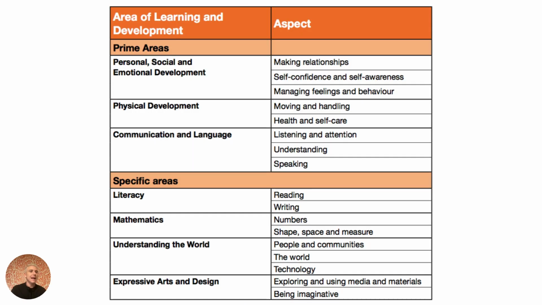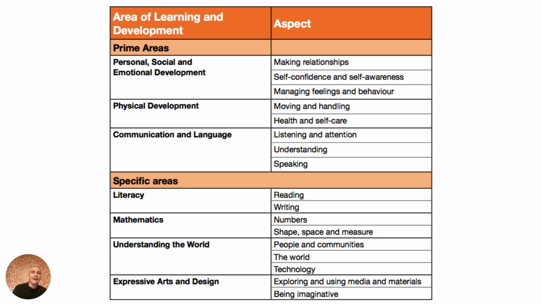Okay? Now let's see how those areas of learning are divided down into aspects. Each area of learning is subdivided into aspects, and the aspects are a more specific element of that curriculum area. So if we look here, and there's 17 aspects, by the way.